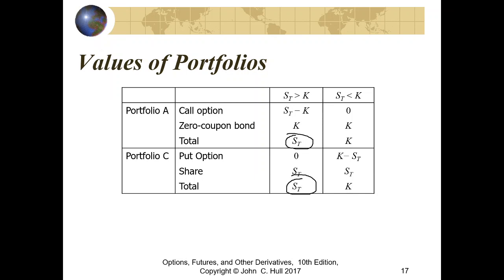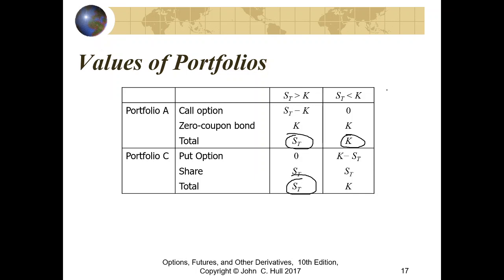What about the case when ST is lower than K? The call option will be out of the money, it will expire worthless, and the payoff will be 0. The zero coupon bond will pay K, so combined for portfolio A, the value will be K. How about portfolio C?